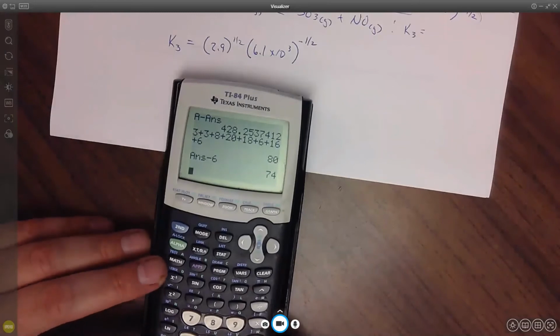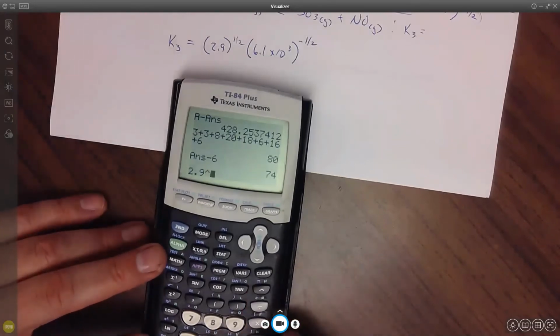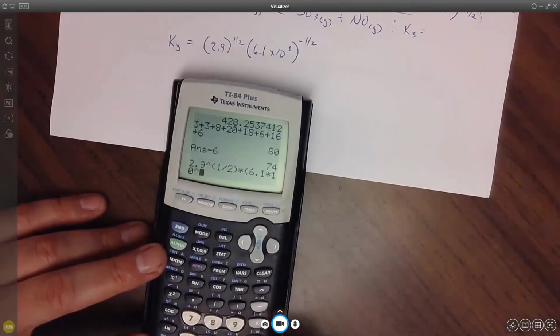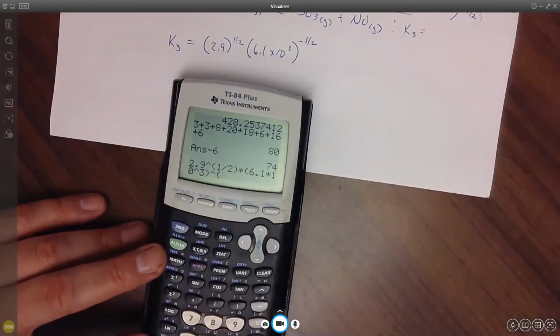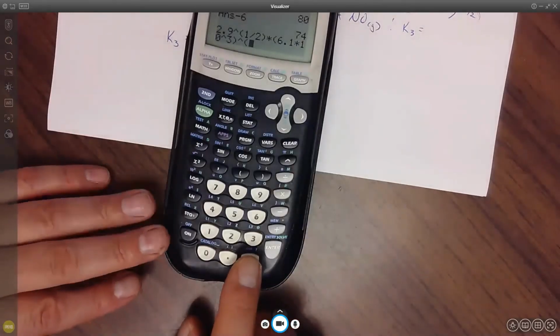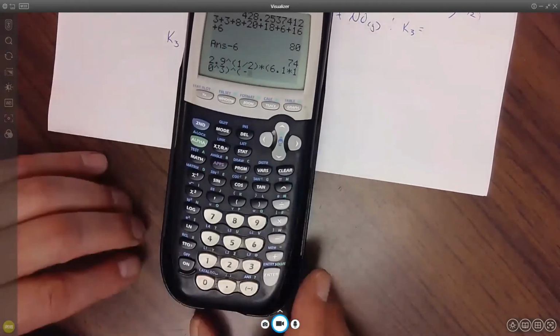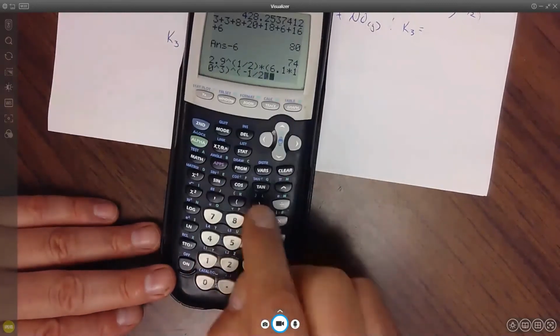So I'd have to type into my calculator 2.9 raised to the parenthesis 1 divided by 2. Then times the whole thing in parentheses, 6.1 times 10 to the 3rd, end parenthesis, raised to the parenthesis, then the negative, not the minus sign, but the negative on your calculator, 1 divided by 2.